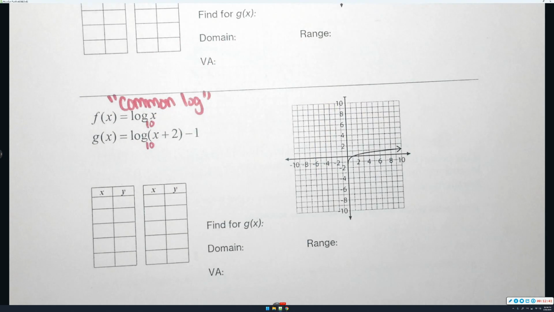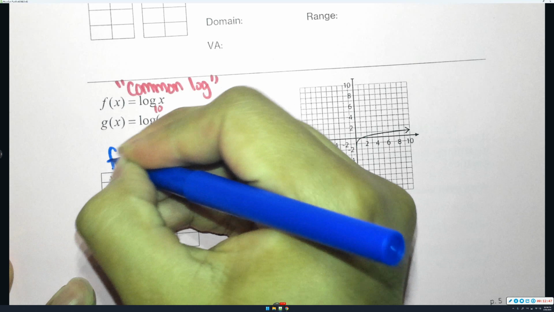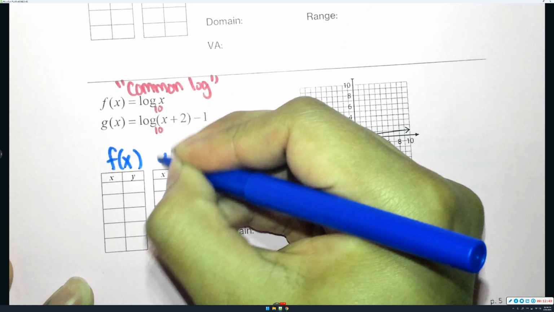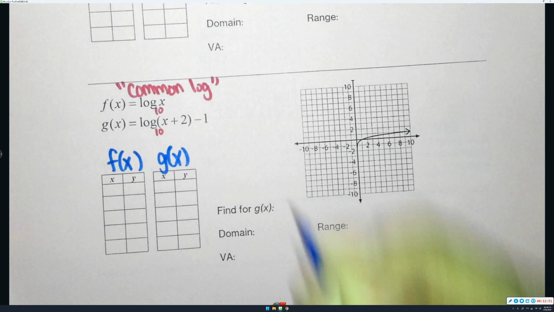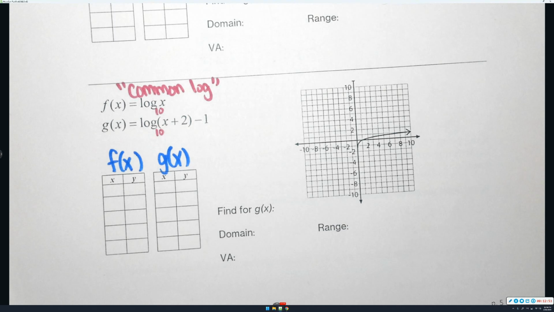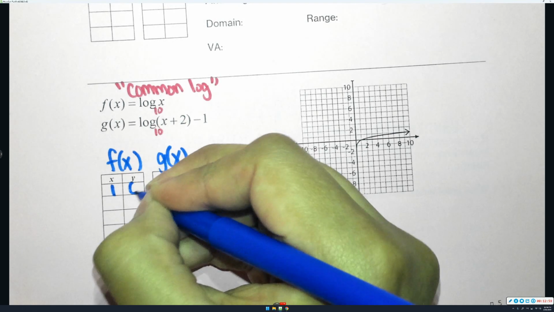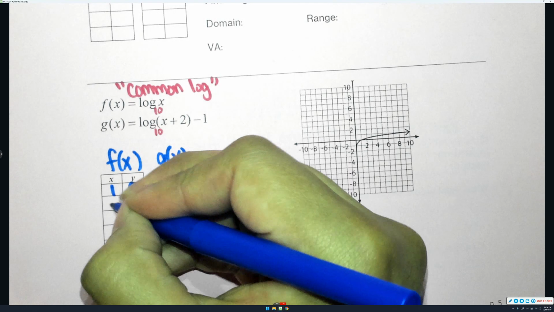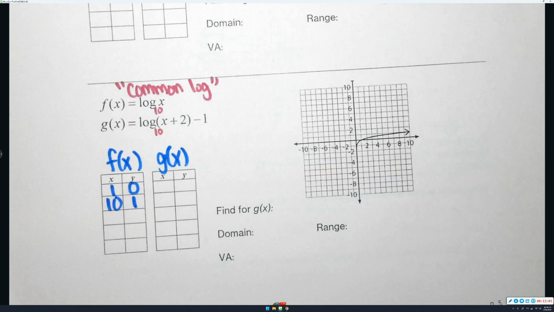All right. Now, from there, we're going to label our tables. This first table is going to be for f of x. This second table is going to be for g of x. And we have the following points of accuracy. We have 1, 0. We have 10, 1 for f of x.